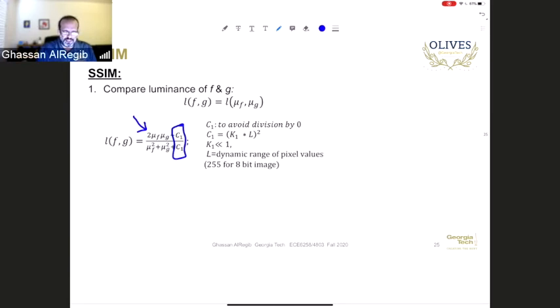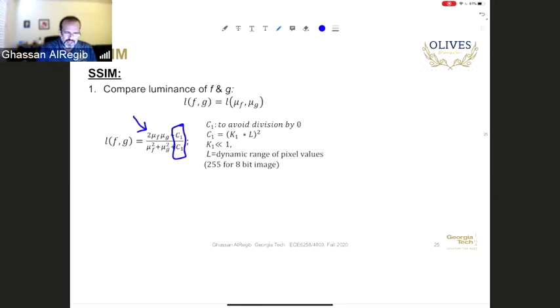If one of them is blank, all zeros, then this ratio is 0. So you can see the scale is between 0 and 1, and this is the cross product between the mean values of F and G. F and G can be the whole image, or it can be blocks of an image, as we'll see in a minute.